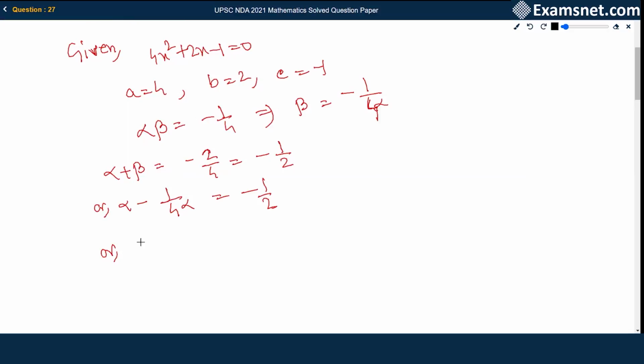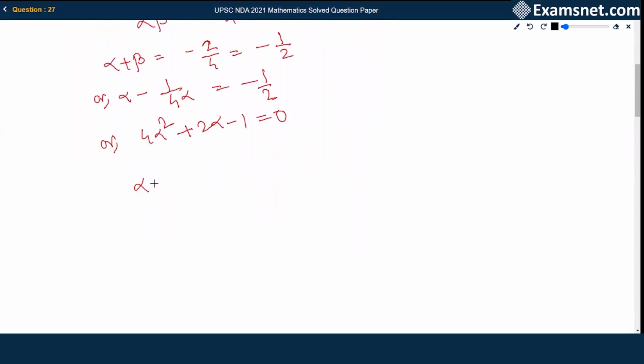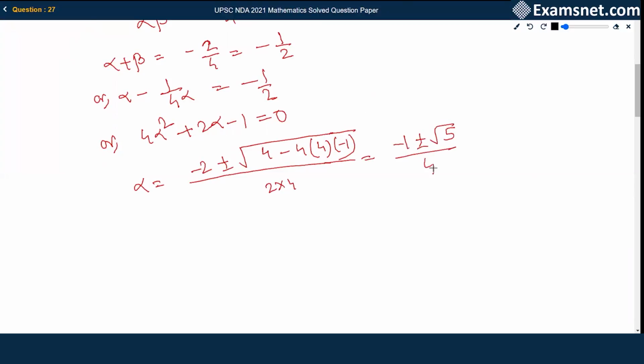So from here I can write 4 alpha square plus 2 alpha minus 1 equals 0. Now we can use the quadratic formula, where the variable is alpha. Comparing with the quadratic formula, I get alpha as minus 1 plus minus root 5 by 4.